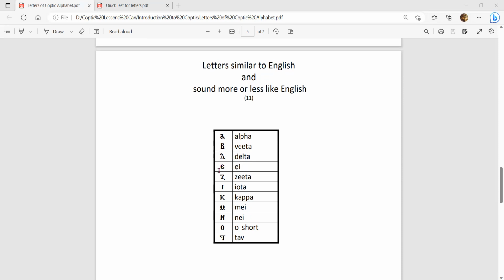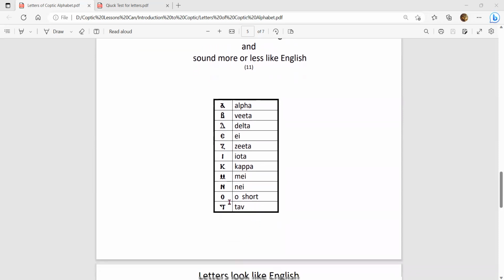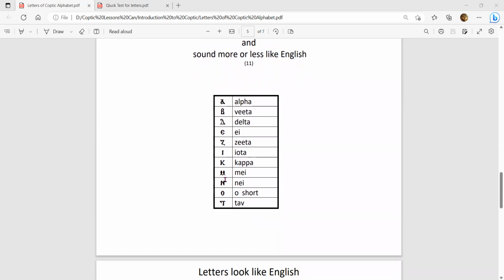The ei looks like an E. The zeta looks like a Z. The iota looks like a small I. Kappa, like a K. Me, like an M. Ne, like an N. And the O short, or Omicron, looks like an O in English. And the Tav looks like a T.